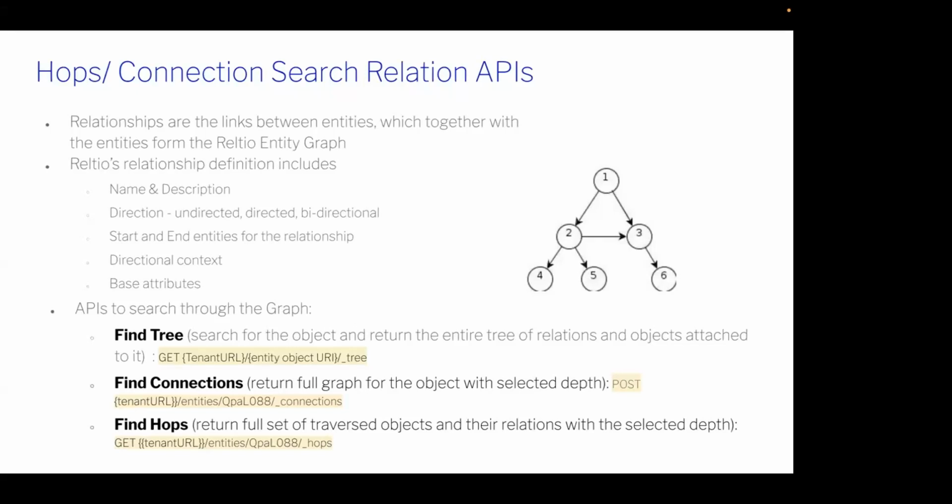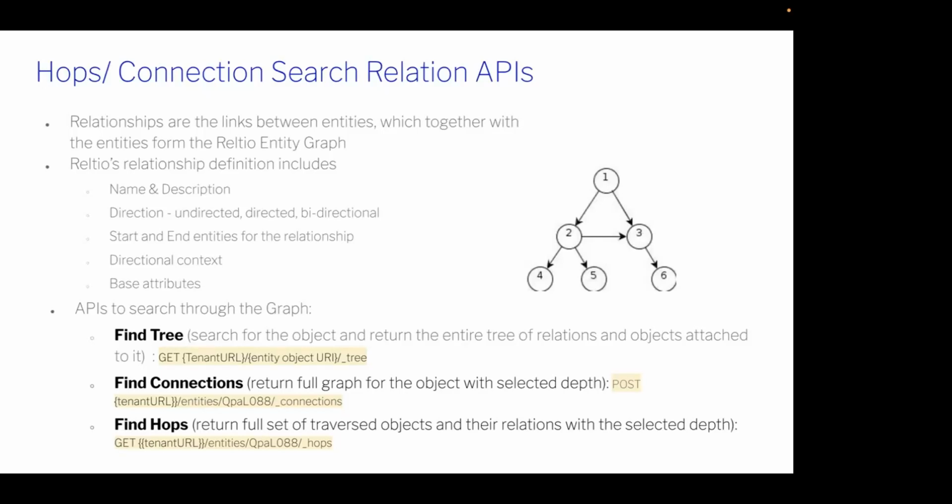Specifically, we have three of them: find tree, find connections, and find hops. The relationship itself, like an entity, also contains names, and a relationship as an object contains a name and description. It contains a direction, which can be undirected, directed or bidirectional.